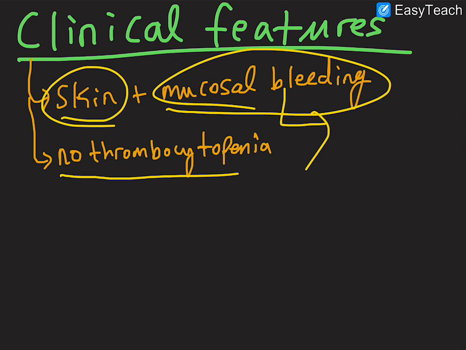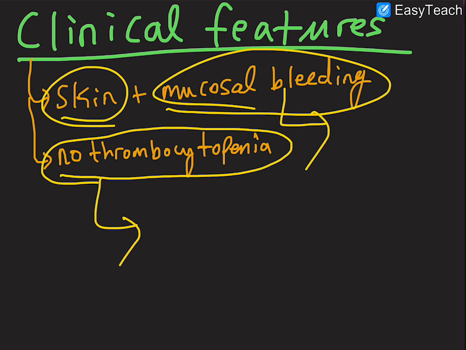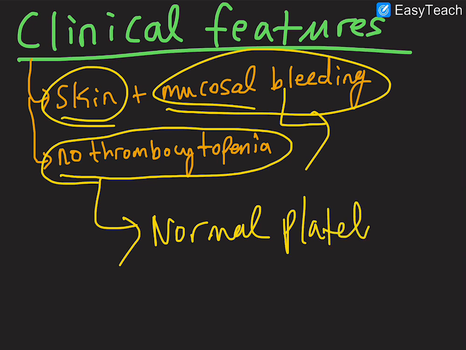And remember in Bernard-Soulier, we saw mild thrombocytopenia, but in Glanzmann thrombasthenia, the main problem is in glycoprotein 2b3a. It's defective or absent due to the autosomal recessive mutation. There's no problem in the platelet count, so your platelet count is normal.